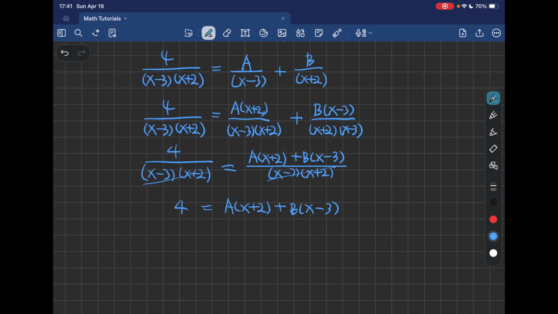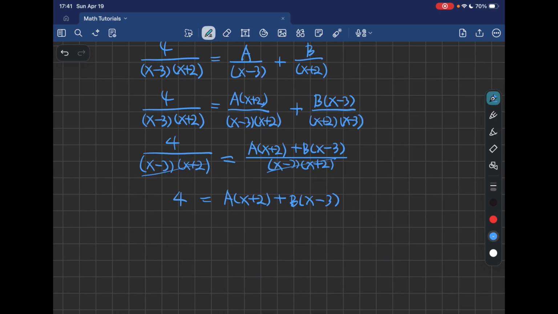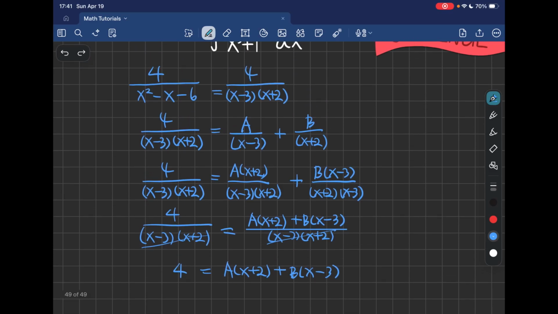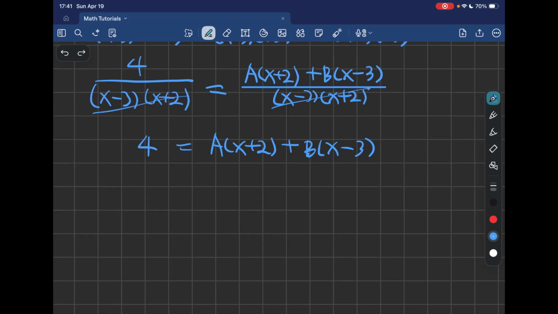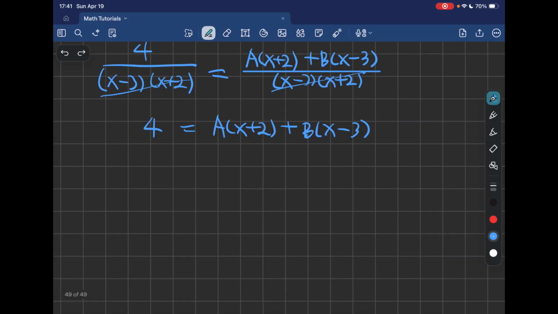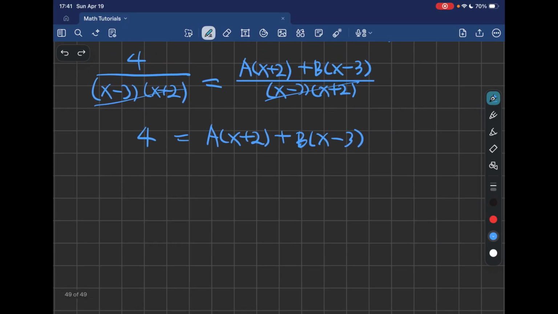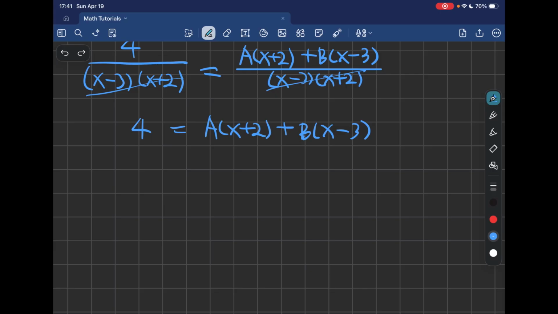So what's the goal? Our goal is that we want to find out what a and b are numerically to satisfy this relationship and to ensure that this complex rational expression can be broken down perfectly. After you substitute some numbers and manipulate the results a little bit, keeping the equal signs equal, you end up with a equals 4 over 5 and b equals negative 4 over 5, right?